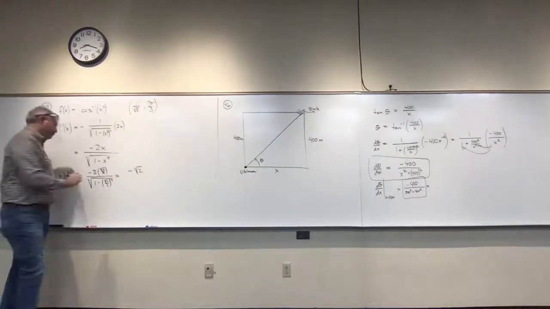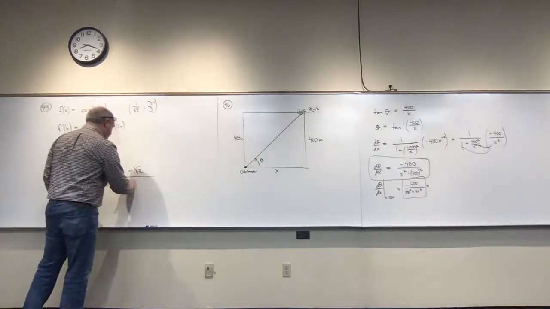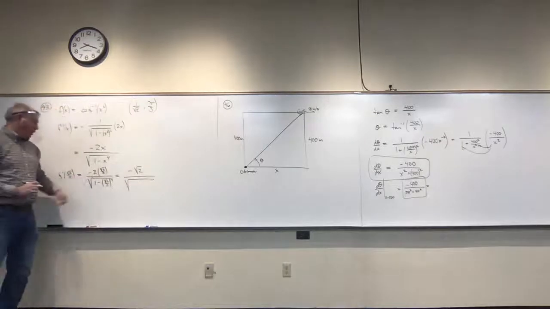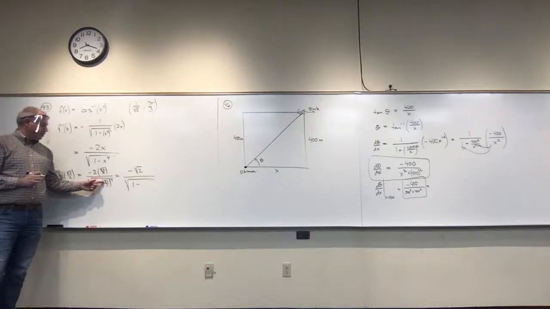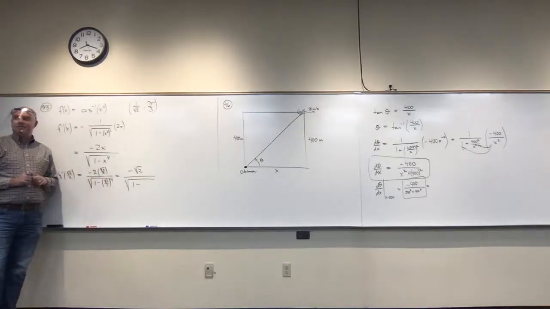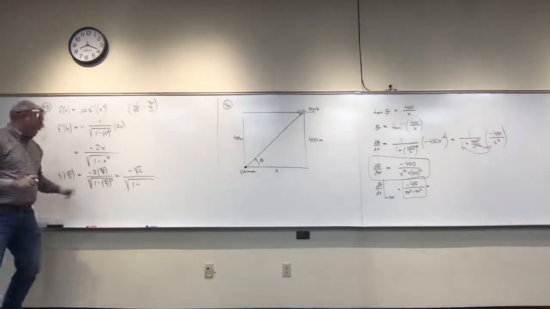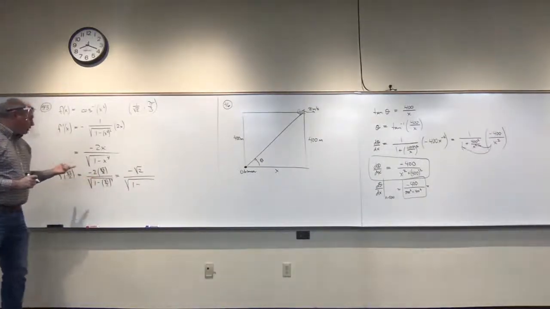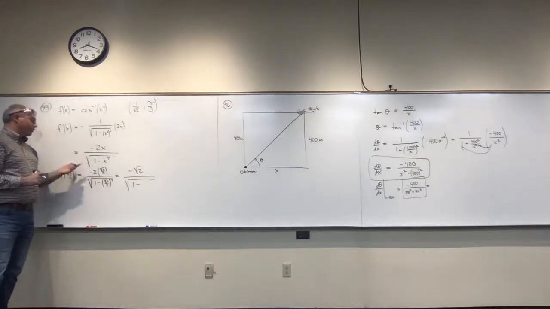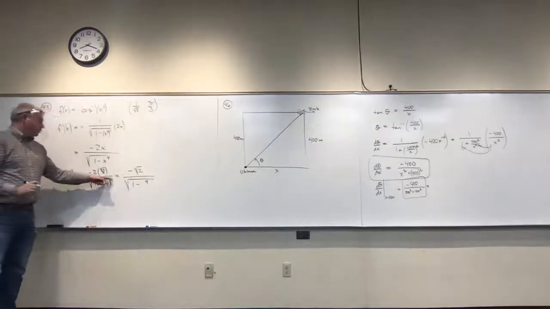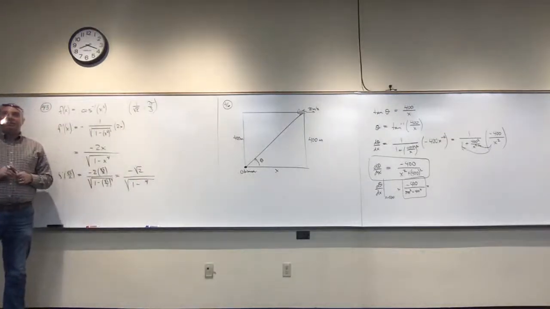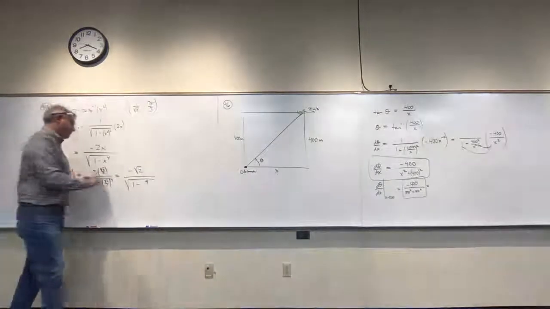And on the bottom, I get the square root of 1 minus, and then if I raise square root of 2 to the 4th, what is that? 4? Yeah, square root of 2 times square root of 2 is 2, and so square root of 2 to the 4th would be 4. And then on the bottom, I get 2 to the 4th. What's 2 to the 4th? 16, yeah.